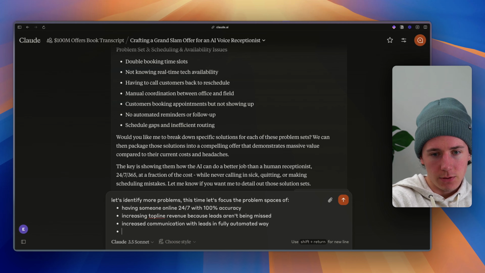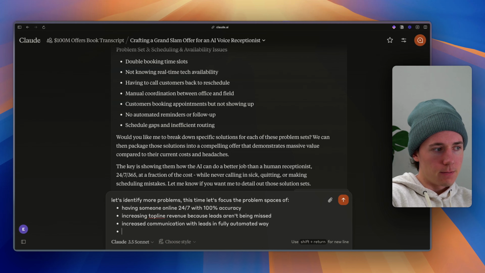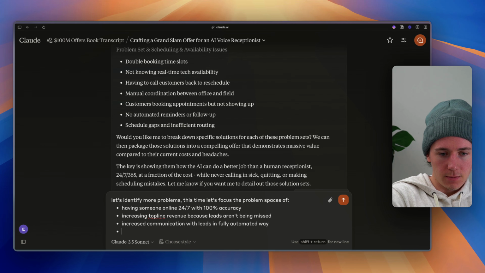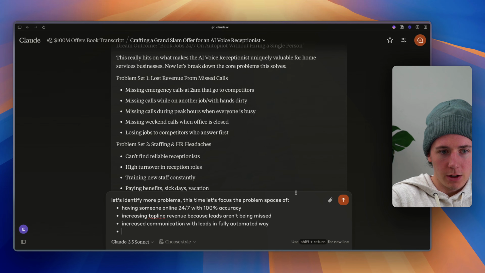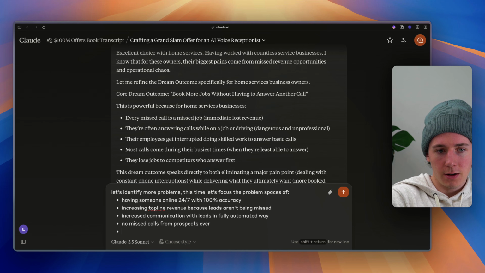Then we have, what other problems do we really want to narrow in on? No missed calls from prospects ever.